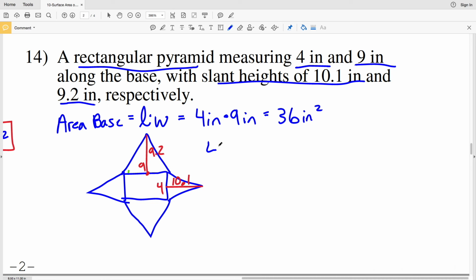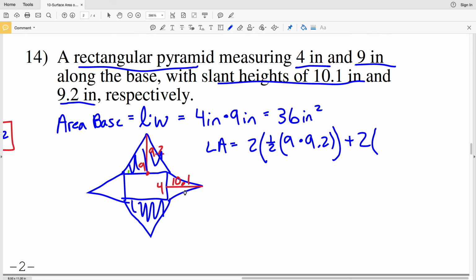So let's calculate lateral area. As opposed to using perimeter, we're going to have two triangles that have an area of 1/2 times 9 times 9.2, and we're going to add that to two other triangles, because now we've taken care of these two triangles. The two other triangles have an area of 1/2 times 4 times 10.1. So 2 times 1/2 is 1, and 2 times 1/2 is 1.